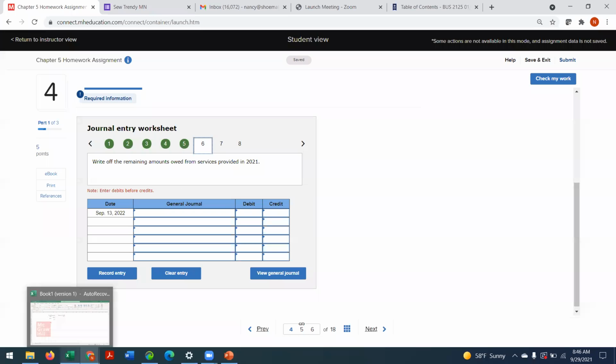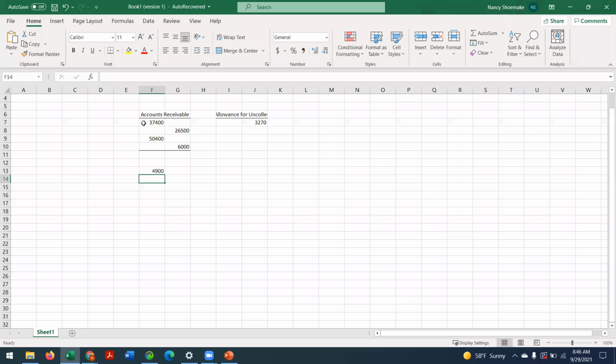So what that means is in 2021, we showed receivables of 37,400. We collected in 2021, 26,500. And in 2022, we collected 6,000 from the sales in 2021.